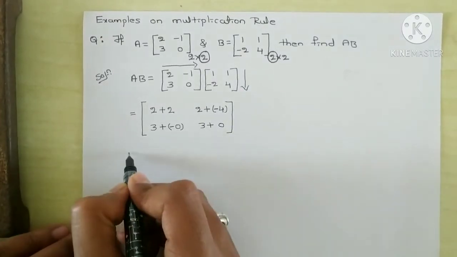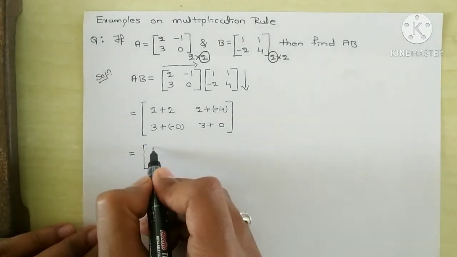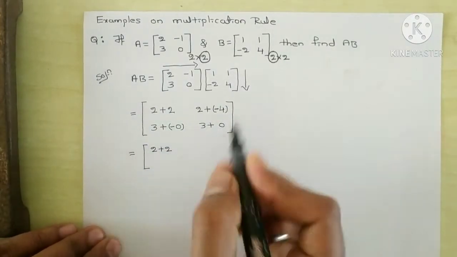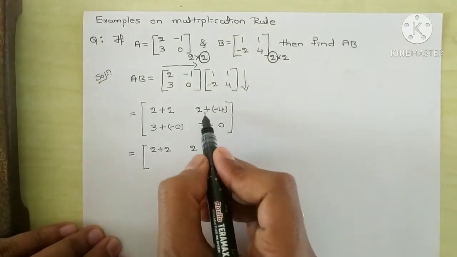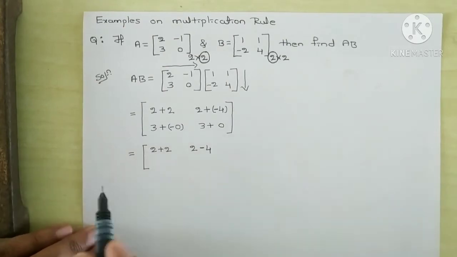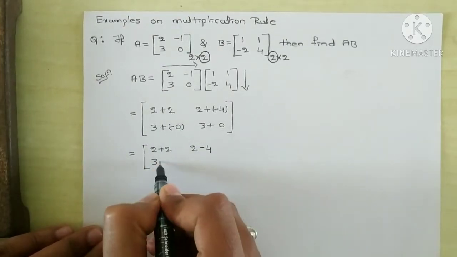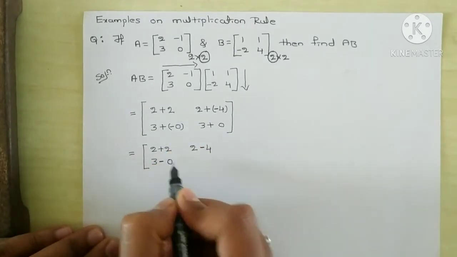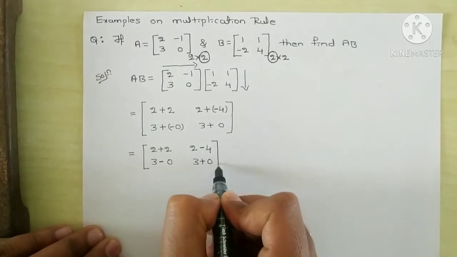So which is equal to, first multiplying the signs here: the first value you keep as it is, 2 plus 2. Here 2 also keep as it is, plus into minus is minus, the remaining value is 4. Here 3 keep as it is, plus into minus is minus, again 0. Again here 3 plus 0, keep as it is.